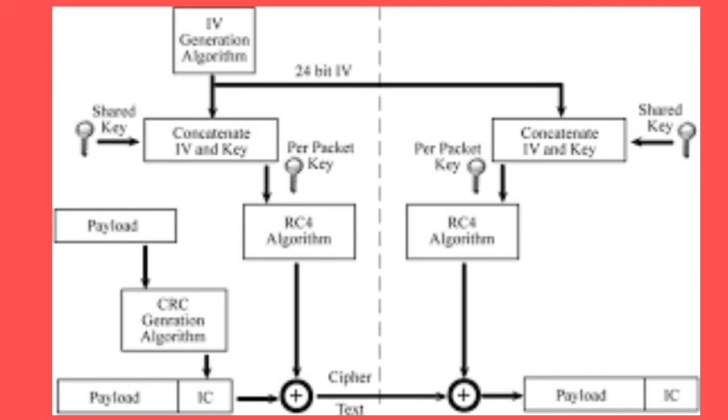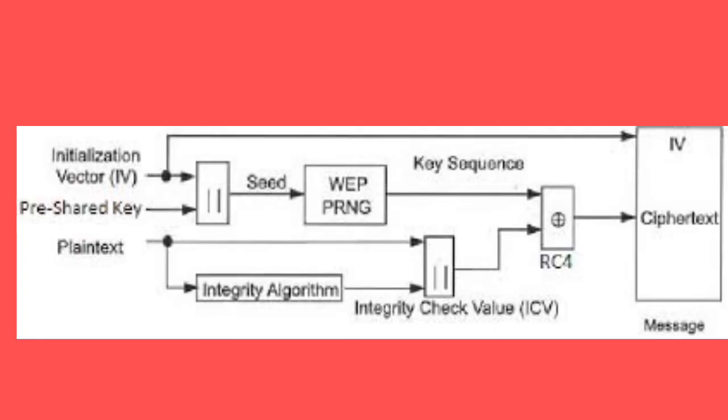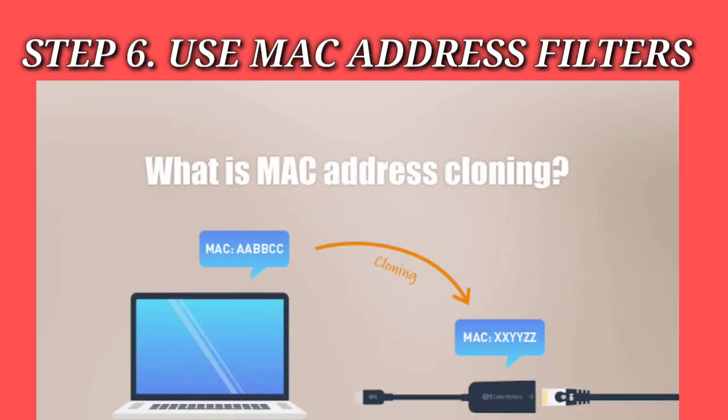Using WEP has 2 main advantages. The first one is it discourages the random hacker, and the second one, it announces that the WLAN is indeed a private closed network.